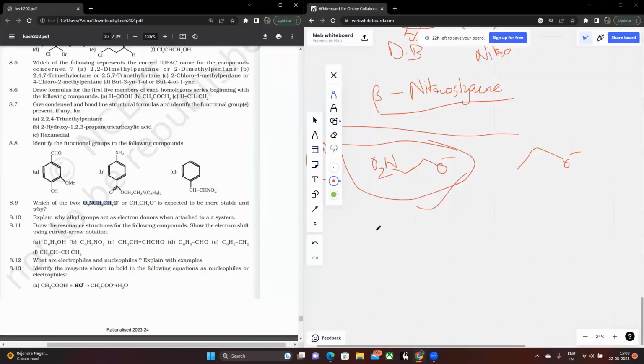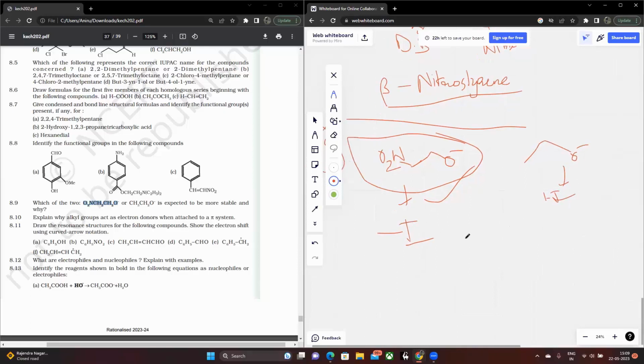That is this compound. And the why is because this shows a minus I effect, while this shows a plus I effect, right? Why minus I? Because nitro is electron withdrawing, so the inductive effects go this way through the saturated bonds.